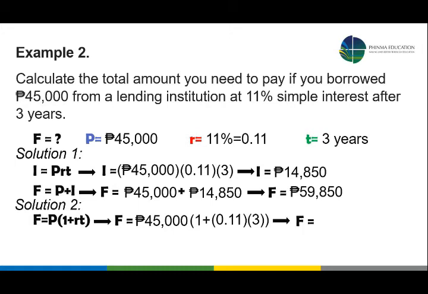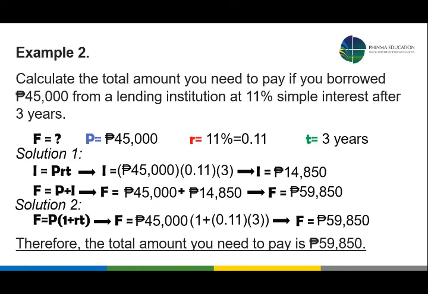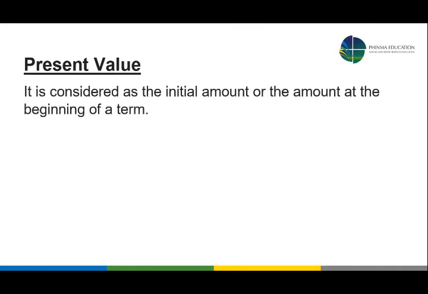And it will yield the same answer, which is 59,850. Therefore, the total amount you need to pay is 59,850 pesos. For example 3, we have to unlock first the word present value in simple interest. It is considered as the initial amount, or the amount at the beginning of a term.